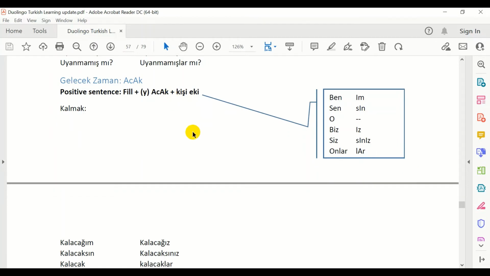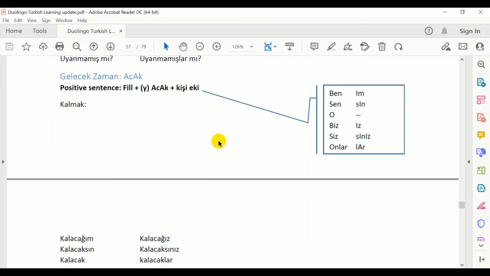Well, now let's study Gelecek Zaman, or future tense, which has the suffix AcAk. You already know the definition, at least I hope you know. It shows an action that will happen in the future. So now let's study the different structures. First, positive sentence: fiil or verb plus tense suffix plus kişi eki or personal suffix.